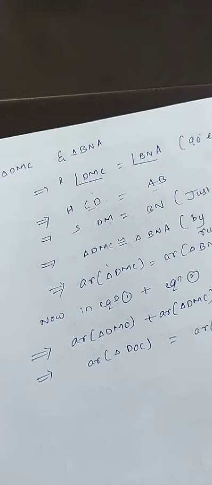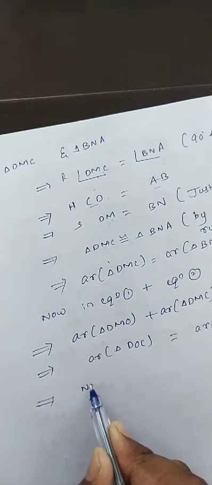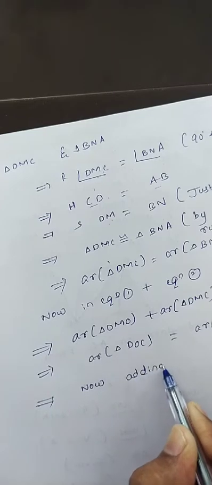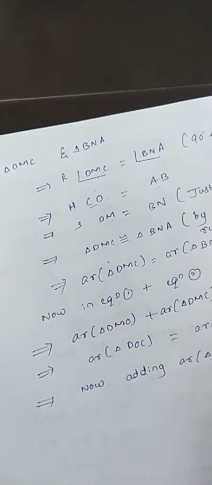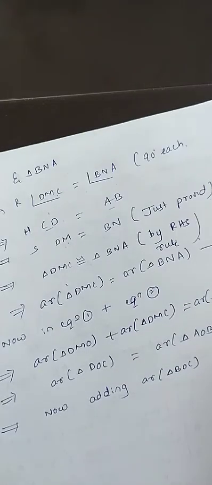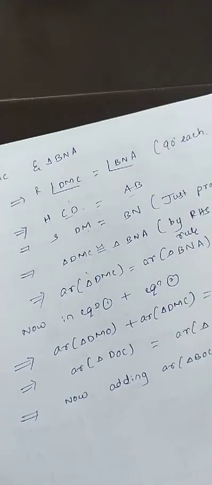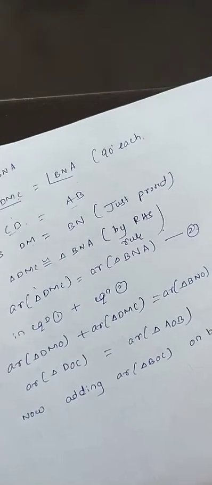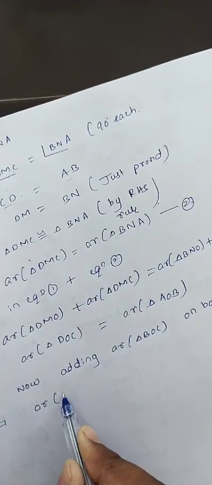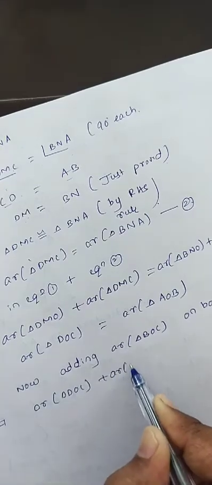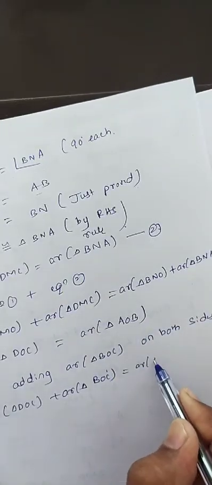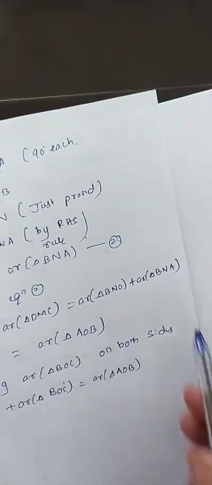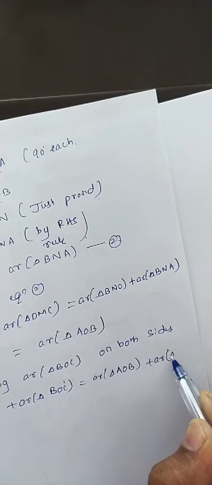Now adding area of triangle BOC on both sides, we get area of triangle DOC plus area of triangle BOC is equal to area of triangle AOB plus area of triangle BOC.